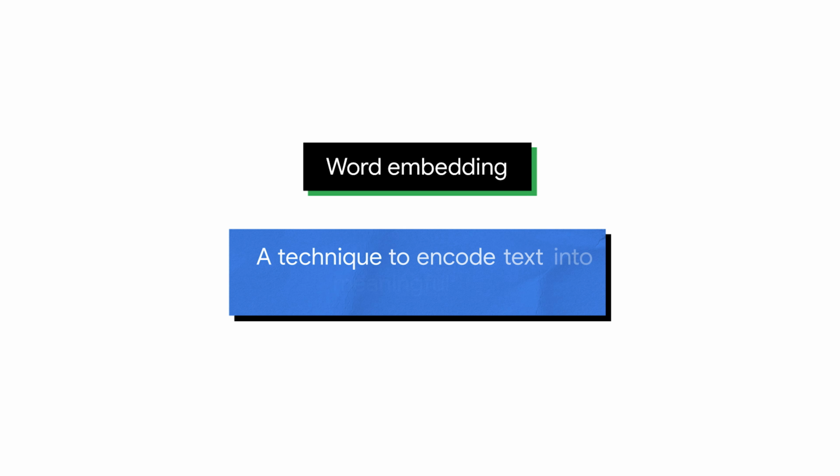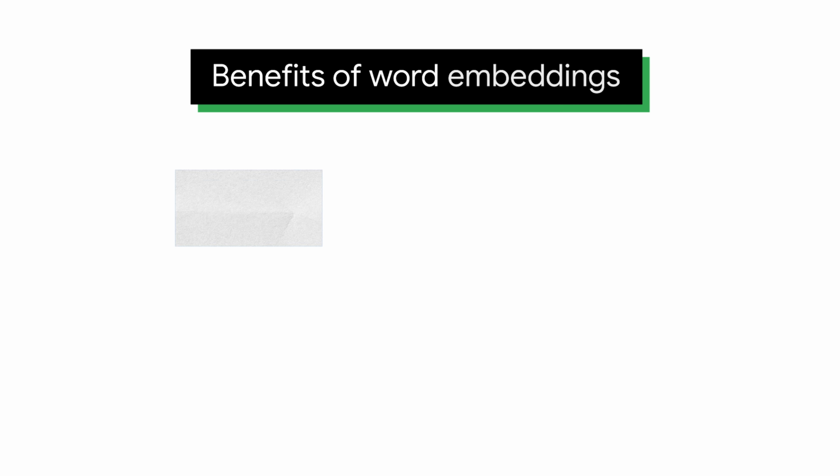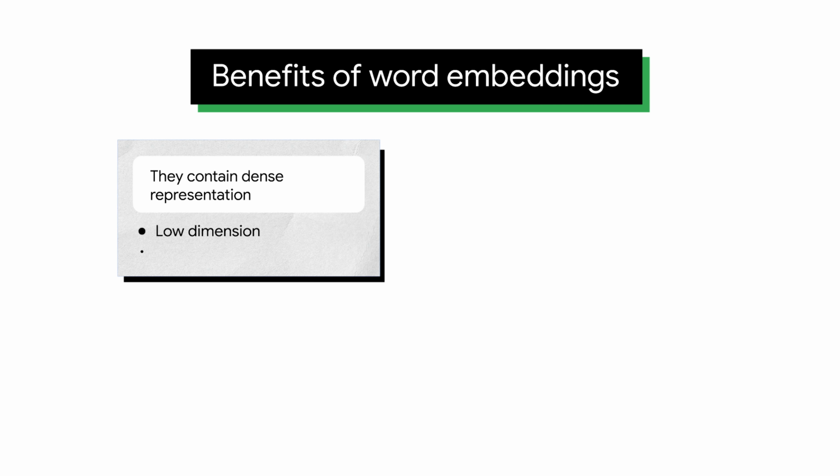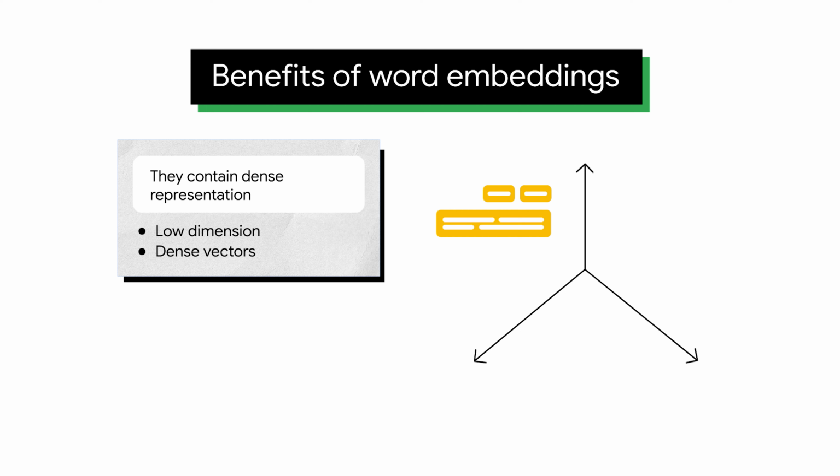Word embedding is a technique to encode text into meaningful vectors. The technique lets you represent text with low-dimensional, dense vectors. You don't need the vector size as big as 20,000 like in one-hot encoding. Instead, you have between single-digit dimensions for small datasets and four-digit dimensions for large datasets. Each dimension is supposed to capture a feature of a word.